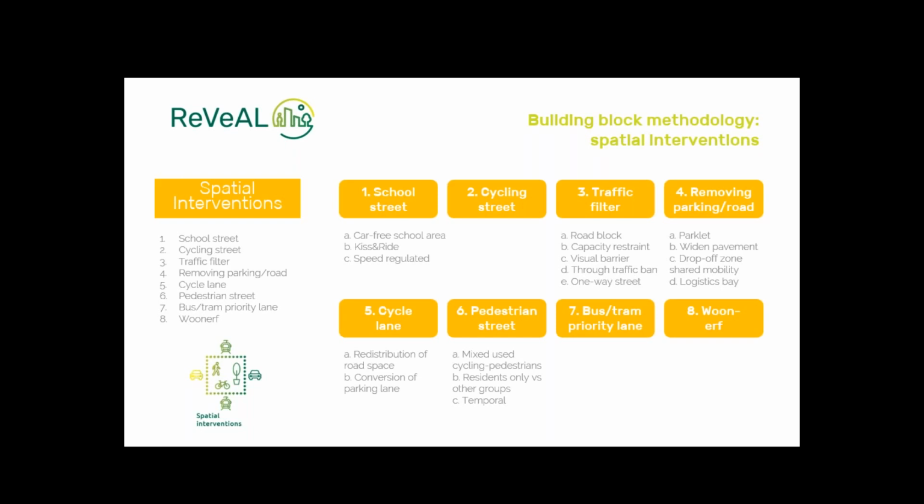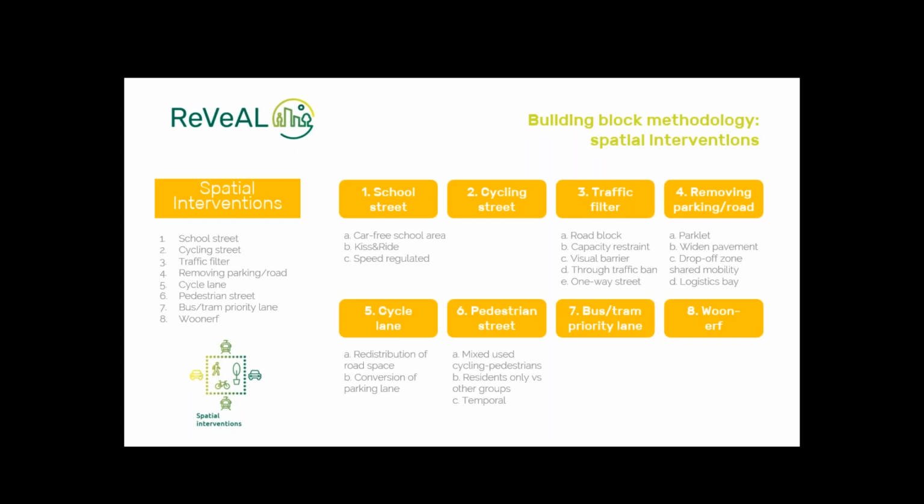But it can also be a more strict form, such as a car-free school area, where a certain area around the school is restricted for traffic during certain times of the day.